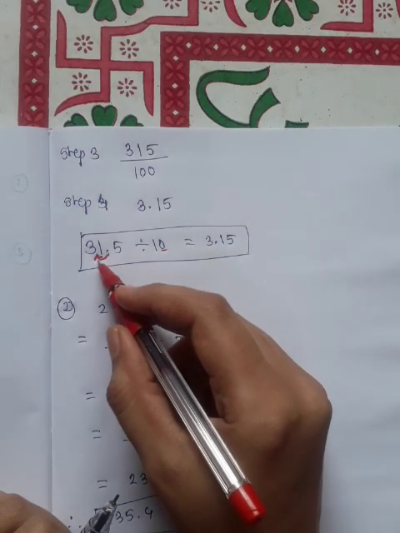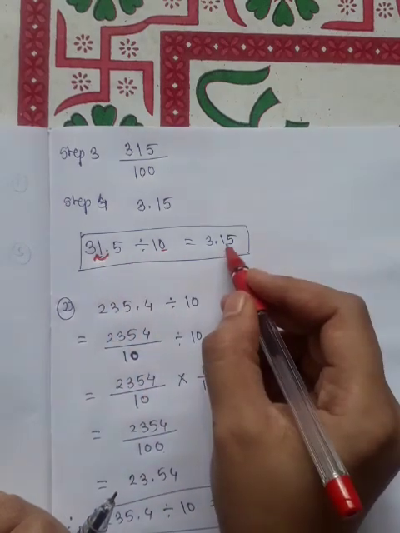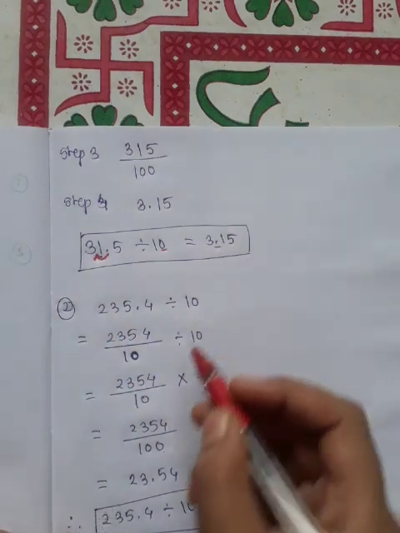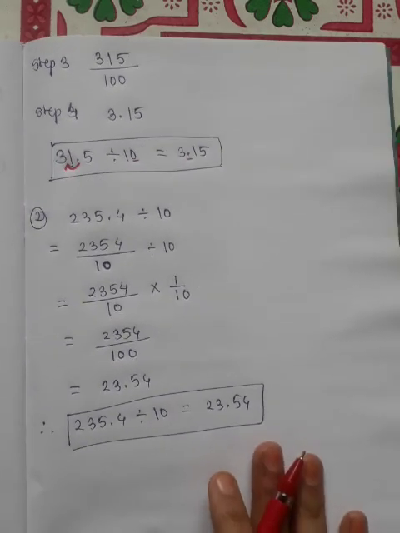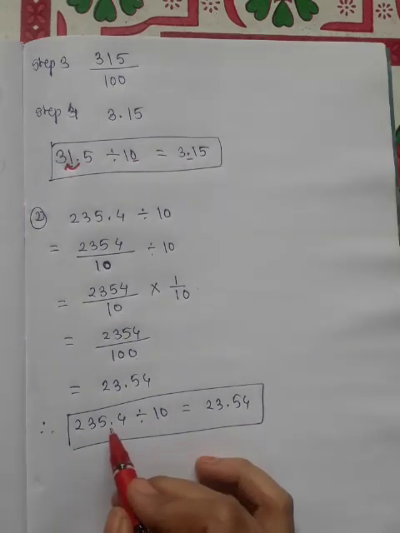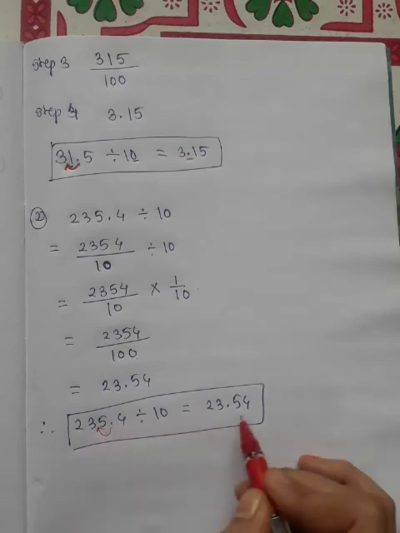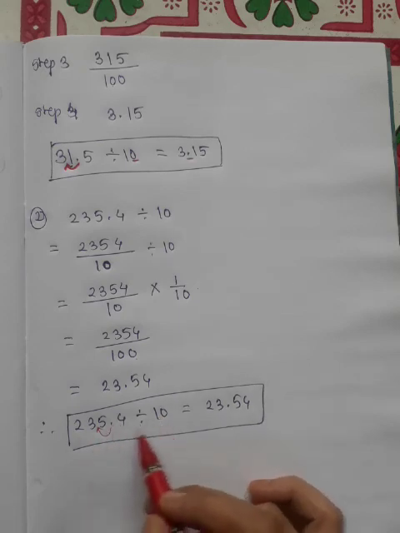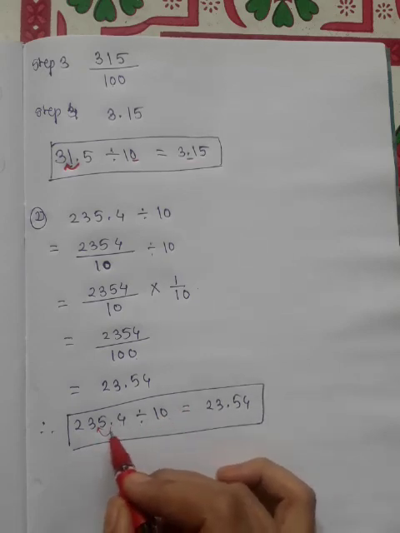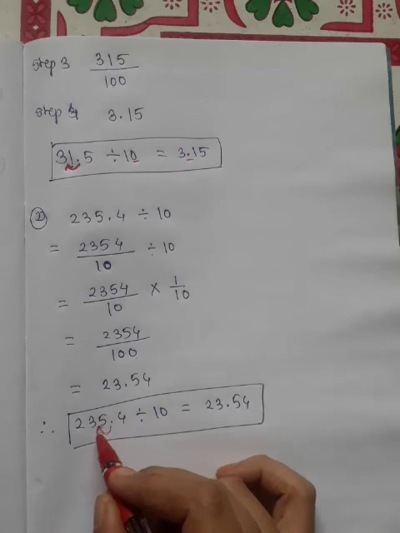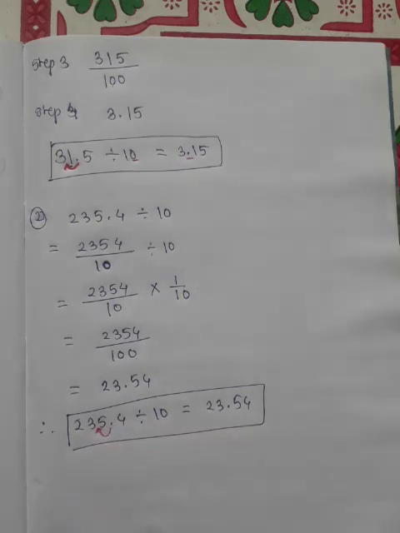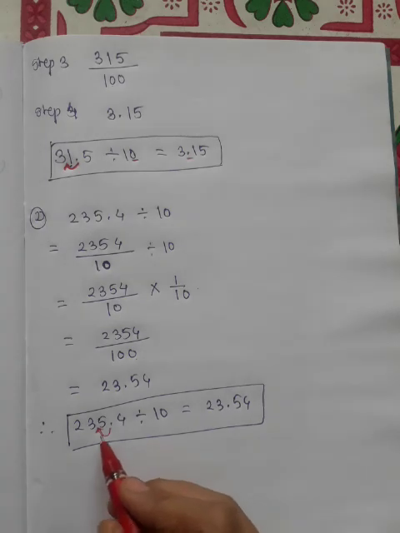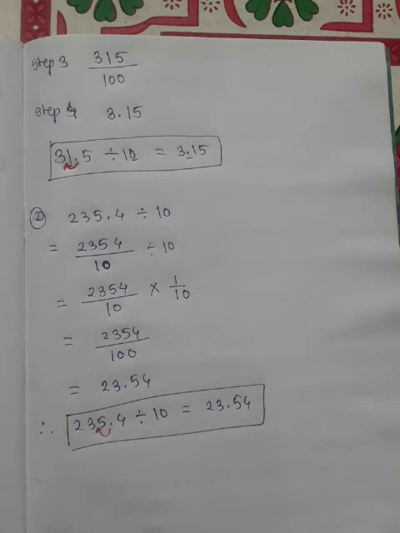In the second example also, the point moves towards the left by one place, before the 5. Whenever we divide any decimal number by 10, the decimal point moves towards the left by one place, and in multiplication the decimal point moves towards the right. So just remember that.